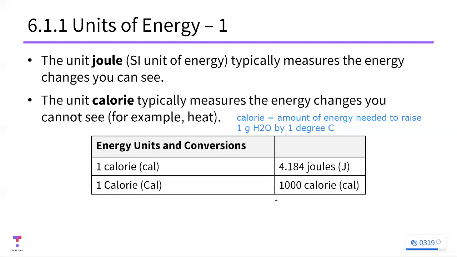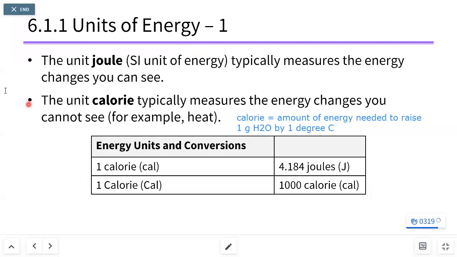But there are a couple of things that we need to understand here. First of all, there is a difference between the calories that we are discussing here and what are called nutritional calories, or kilocalories.